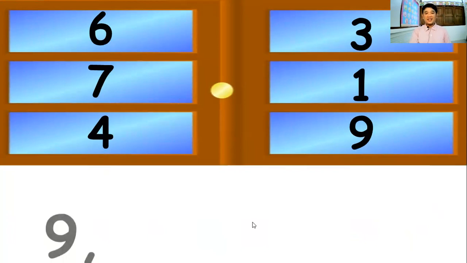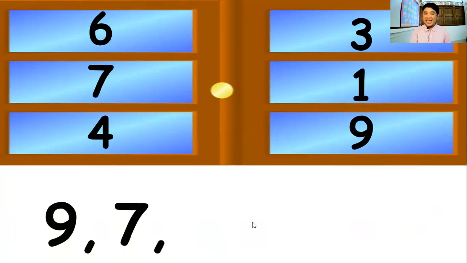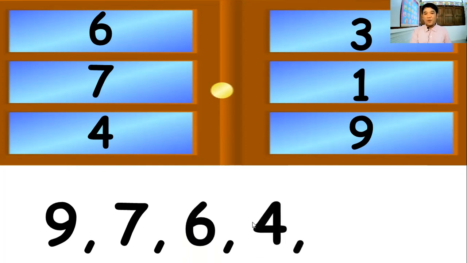Okay, that is 9. And after 9 is 7. And after 7 is 6. And after 6 is 4. And after 4 is 3. And the smallest number is 1. Therefore, 9 is the greatest number and 1 is the smallest number.